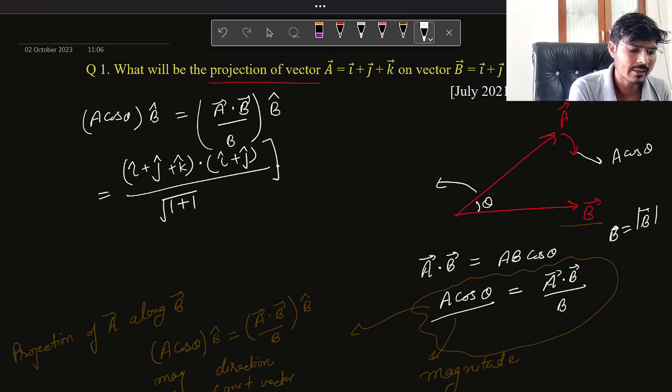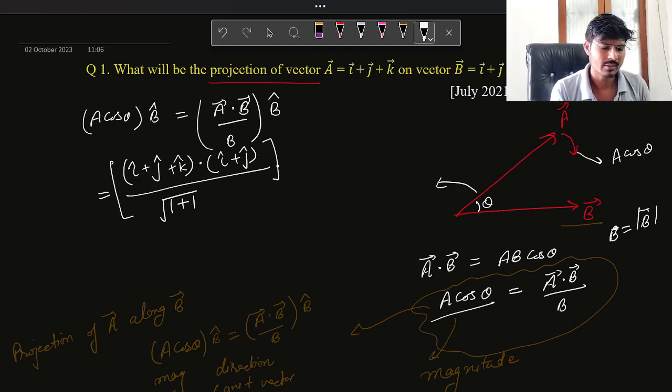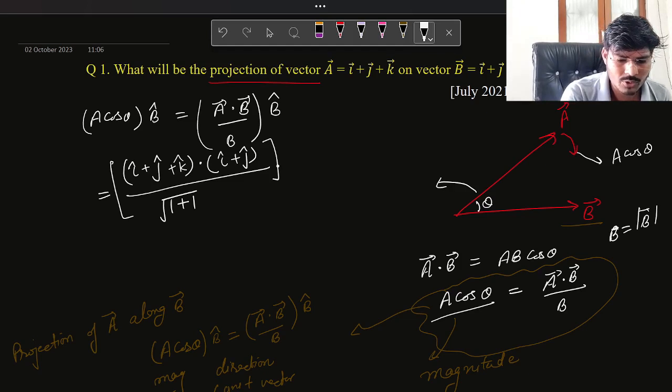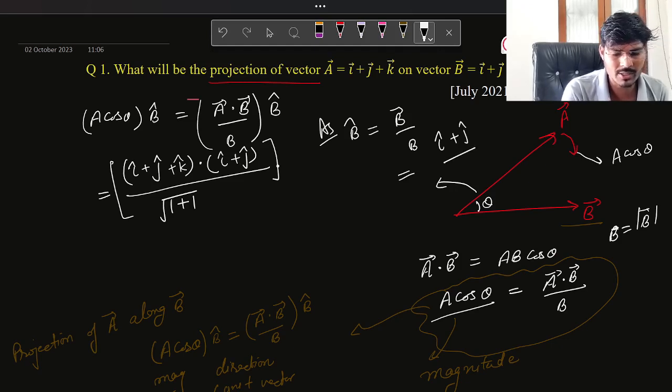Okay, and we have to write here what the unit vector is, and for the unit vector we have to calculate B cap as vector B over magnitude of B, and this will be, vector B is nothing but I cap plus J cap, and this is 1 plus 1.